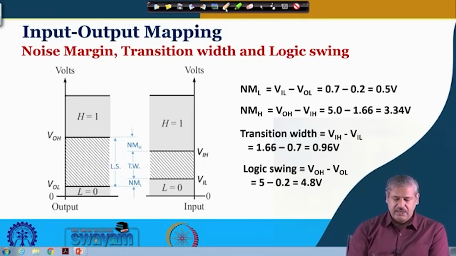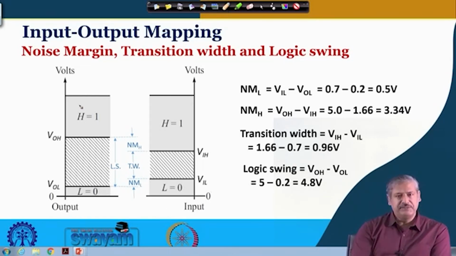So, this is the output side. VOL we have already seen, the voltage at the output which is treated as low; any voltage less than that will be treated as low. In that example, 0.2 volt, any voltage less than that is treated as logic low. This is the shaded region over here. VOH, voltage at the output side, is the minimum voltage which is treated as logic high.